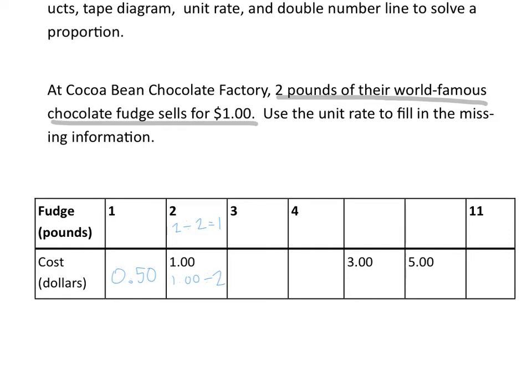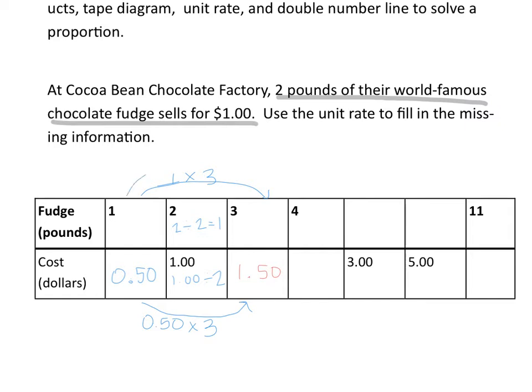So the first thing we're asked about is 3 pounds. To get from 1 to 3, we would say 1 times 3. So we're going to do the same thing on the bottom. 50 cents times 3 is going to give us $1.50.